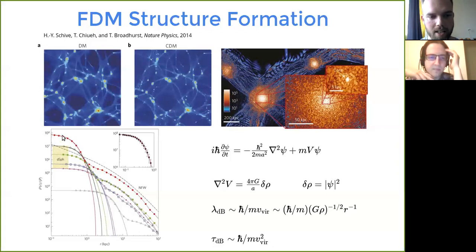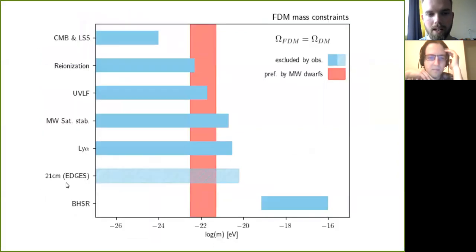And these you can see here in the lower left panel at the left part, so in the central region of each halo. So this is just to cover the linear scales.